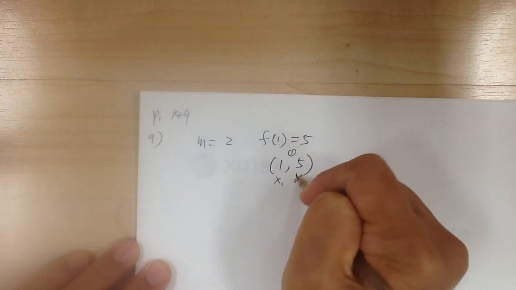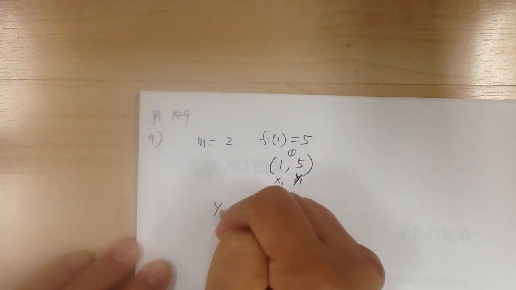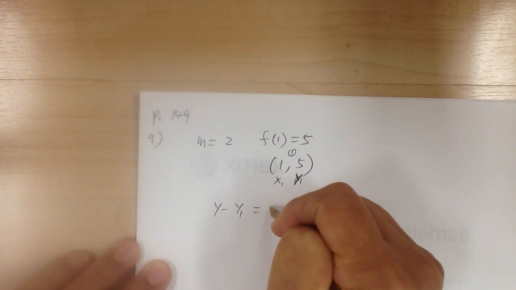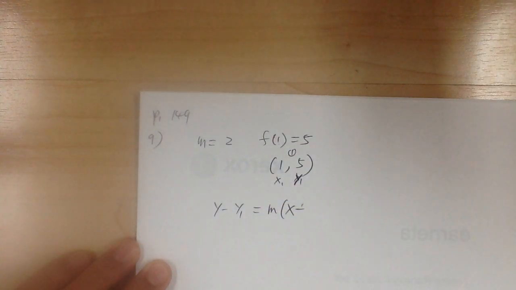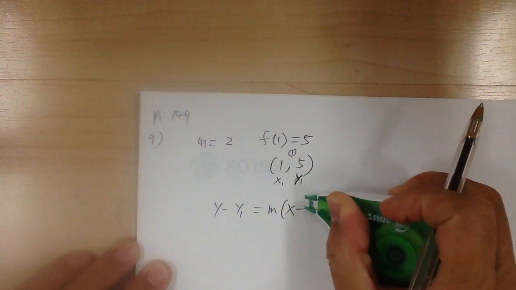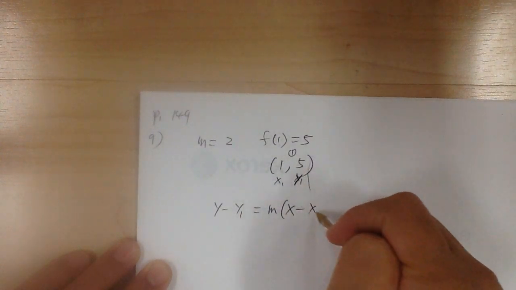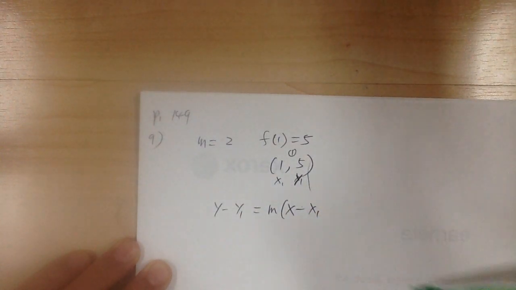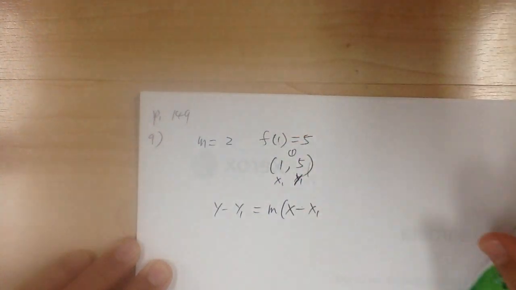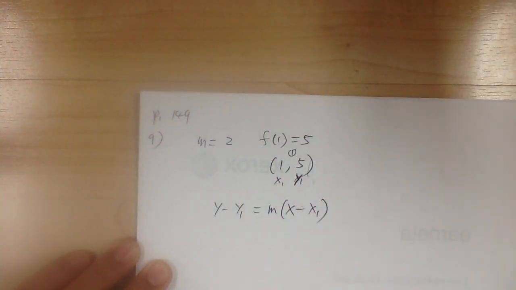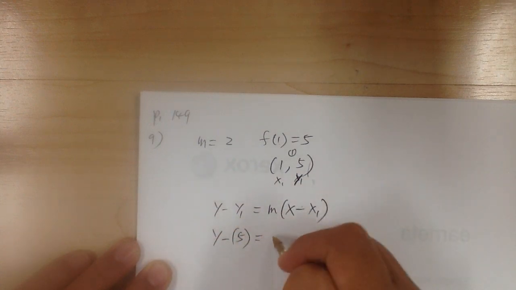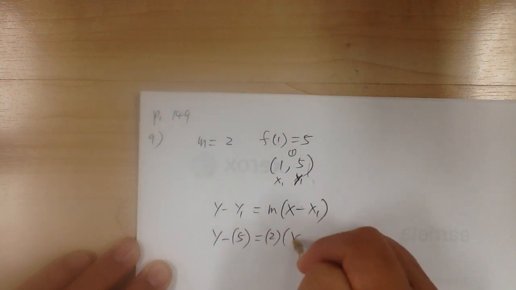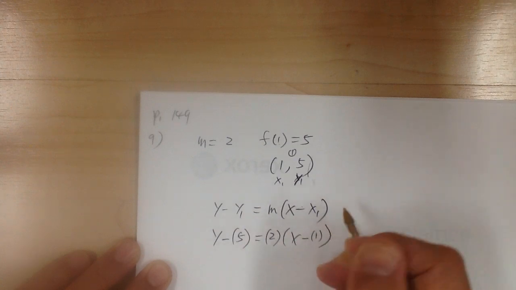Again, let's use the point-slope form: y minus y1 equal to m times x minus x1. Substitute everything there. So you have y minus 5 equal to 2 times x minus 1.